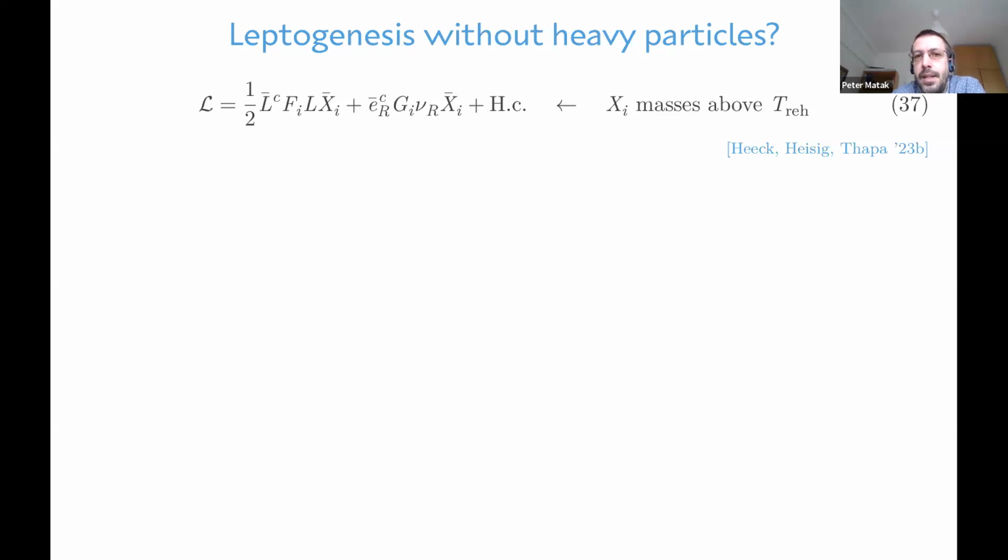We assume that at the reheating or soon after the reheating, they have negligible density, and they are freezing in or slowly produced after the reheating. So right-handed neutrinos are out of equilibrium. So this could be, in principle, enough to generate the asymmetry. We have CP violating phases, irreducible complex phases in these F and G matrices in the flavor space. And we have out of equilibrium particles. So the question is whether we can generate the asymmetries.